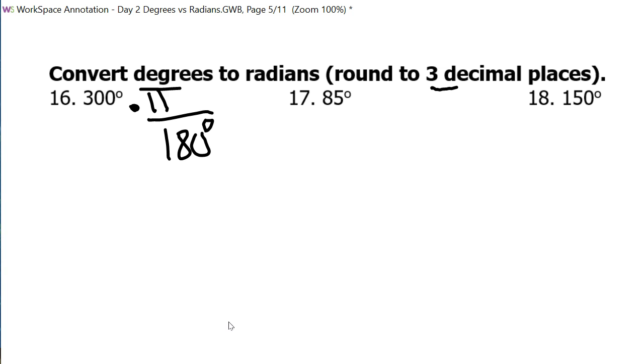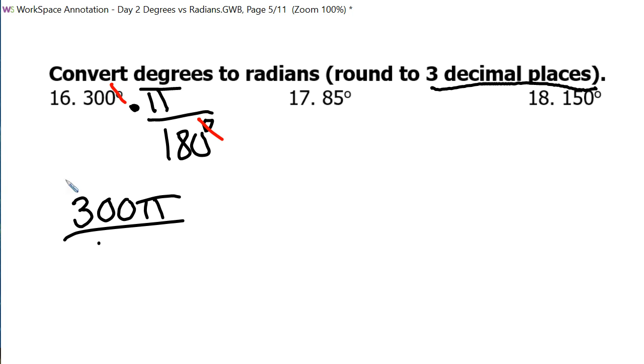So the same method, so now we need to type it in. So the degree symbol in the numerator will cancel with the degree symbol in the denominator. And that gives us 300 pi over 180. Calculator time.